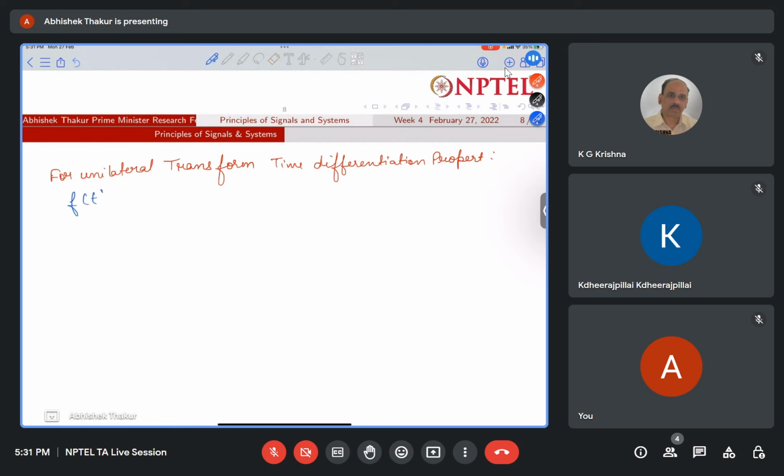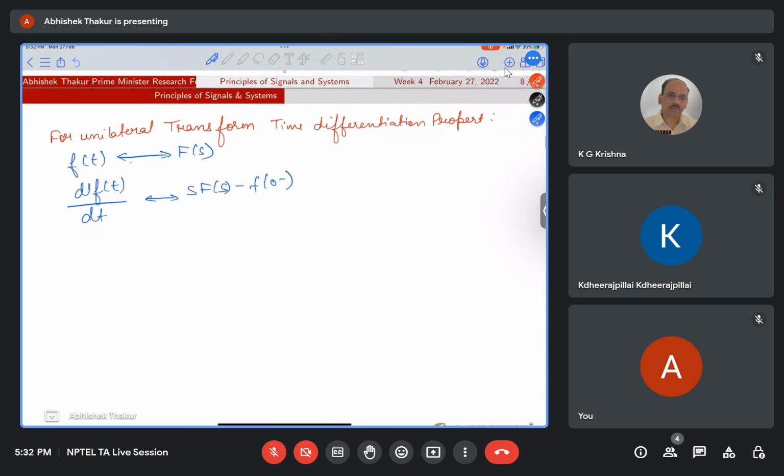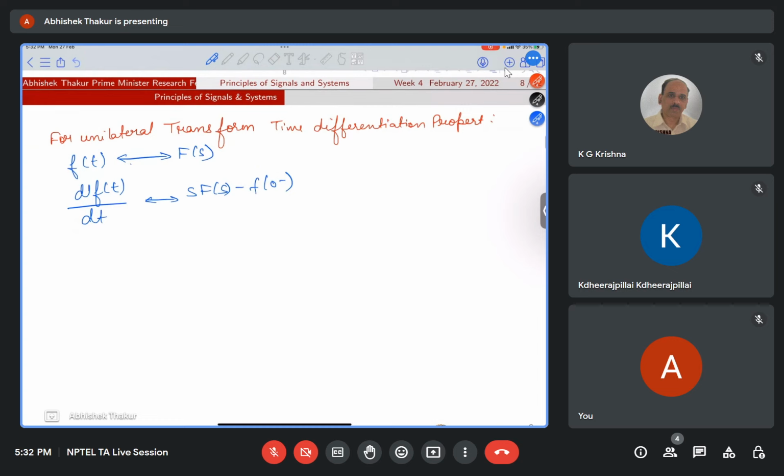Let's suppose the Laplace transform of f(t) is given as F(s), then the Laplace transform of df(t) by dt will be given as sF(s) minus f of 0 minus. So this is the initial value of function f, that is at 0 minus.